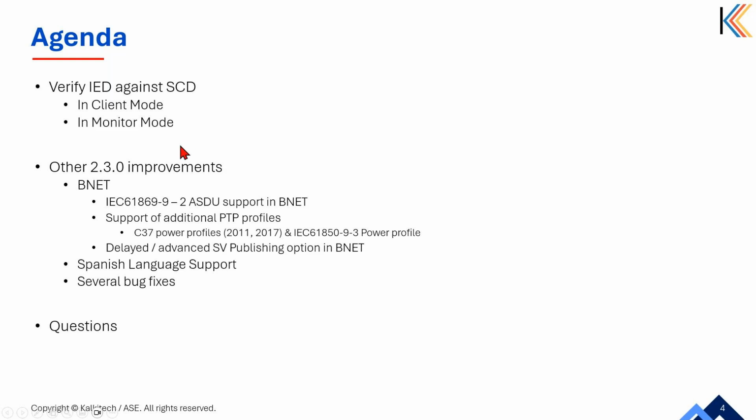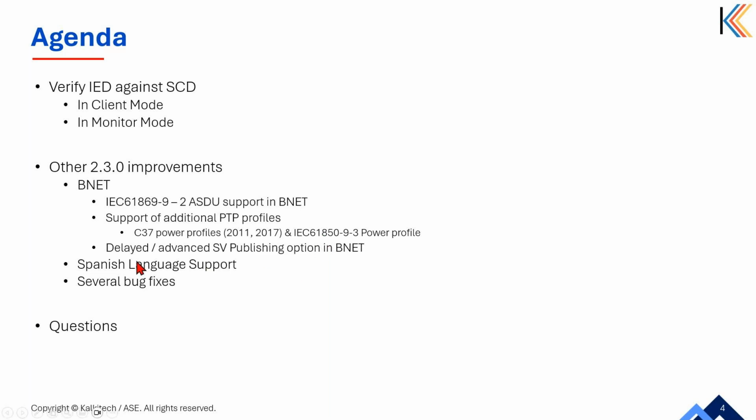And other 2.3.0 improvements are mostly around sampled value capability. Other than the verify IED feature in client and monitor mode, we have IEC 61850 support extended, and several PTP profiles like the C37 power profile and utility power profile are available in BNET now to synchronize with external clocks.